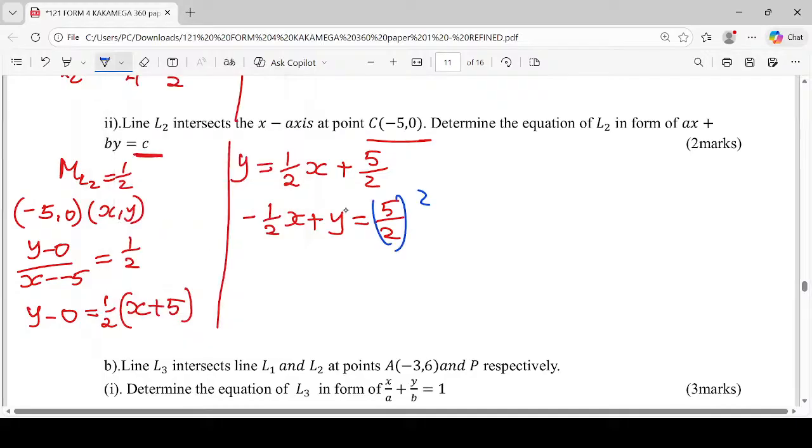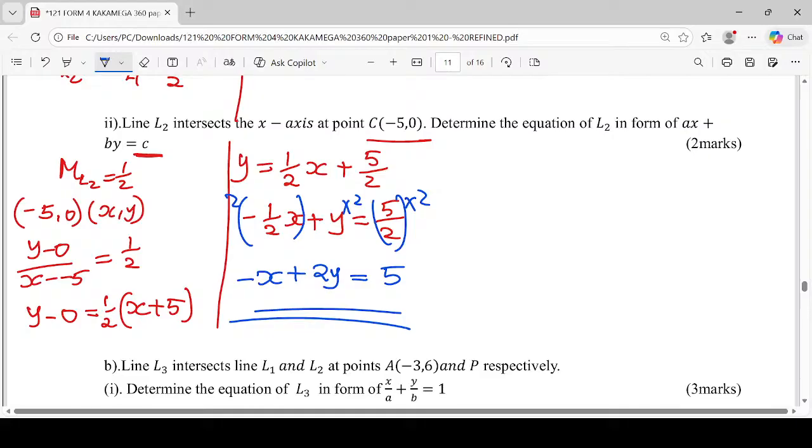So 2 times a half x is negative x, and y times 2 is 2y, equal to 5 over 2 times 2, which is 5. So that is the answer: negative a half x plus 2y is equal to 5. You have to ensure that the constant on the right hand side of the equal sign is an integer and not a decimal number or a fraction.